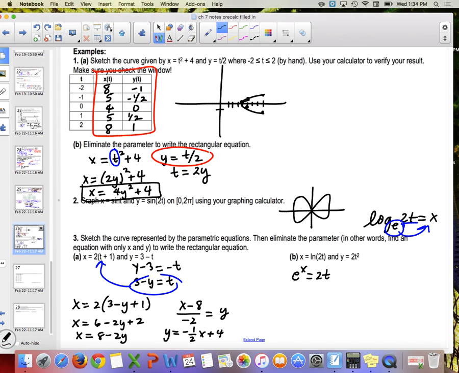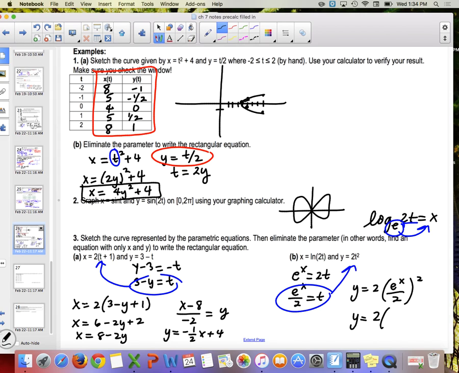All right, so that means e to the x over 2 is equal to t. So we take that, now that we've solved for t, and we put it into the other equation. It's like substitution elimination, kind of. So we're going to do y equals 2 times (e to the x over 2) squared. So we end up getting 2 times, what do you think this is going to be?